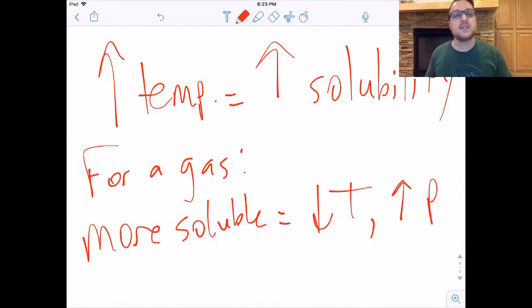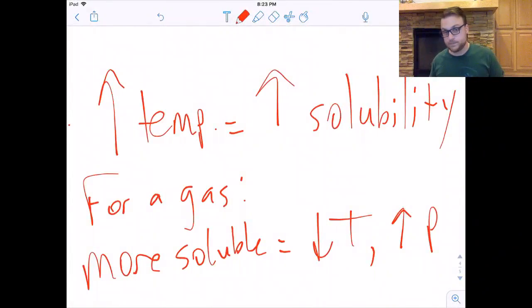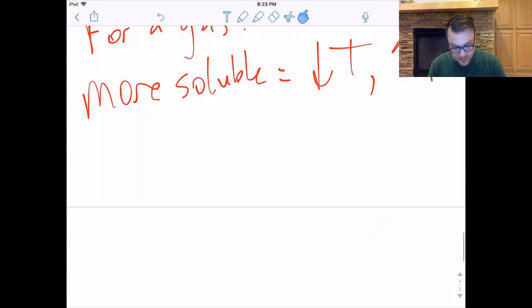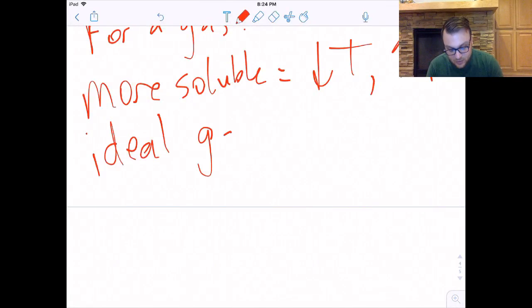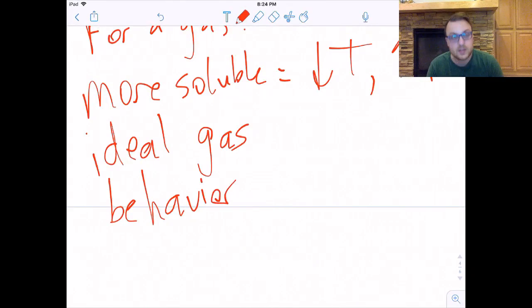Now, you want to be careful because you don't want to confuse this with ideal gas behavior. This has nothing to do with solutions, but ideal gas behavior is a bit different. That is the opposite. That is a high temperature and a low pressure.